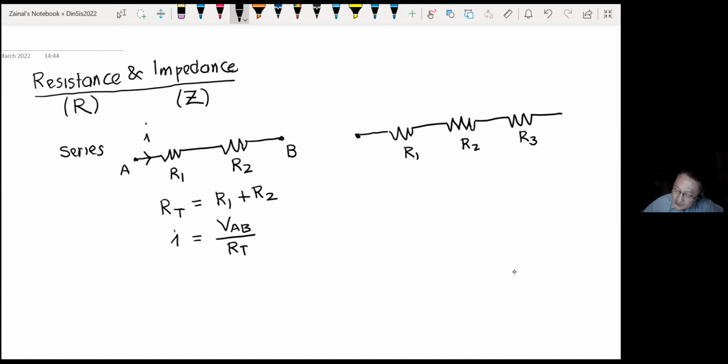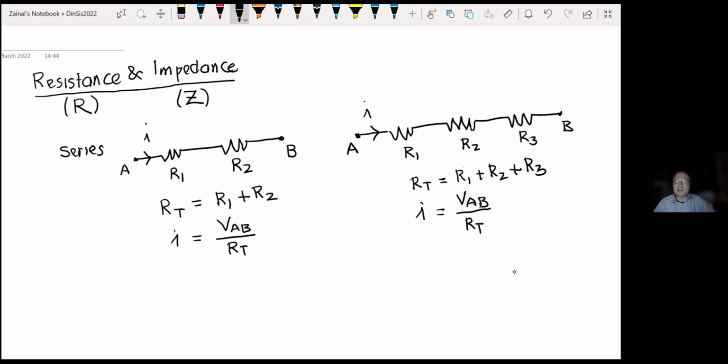This one A, this one B. Then if you apply a voltage, RT is just R1 plus R2 plus R3. And again, current is the same as voltage across AB divided by R. As simple as that.